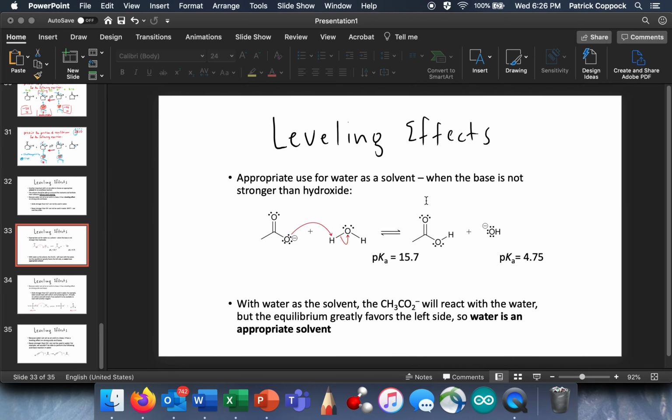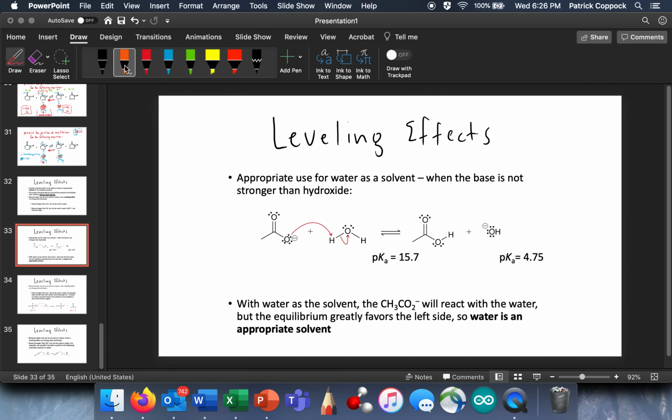So suppose that you're using water as a solvent for a reaction like this. Do you see acetate here? Let me get my marker out. Here's my marker. We'll use orange. Okay, so if we've got water here, we would have acetate, which would come over and take a proton.